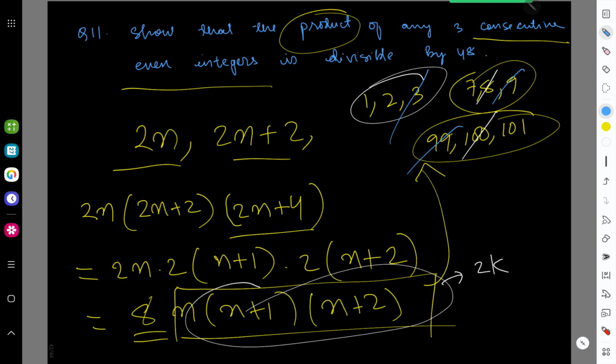And for any three consecutive integers, you will always find that at least one of them is a multiple of 3. So we can express that in the form of 3k. So if we multiply 2 and 3, we get 6, and I have 8 over here. 8 times 6 is 48. That is how we will prove this question number 11.